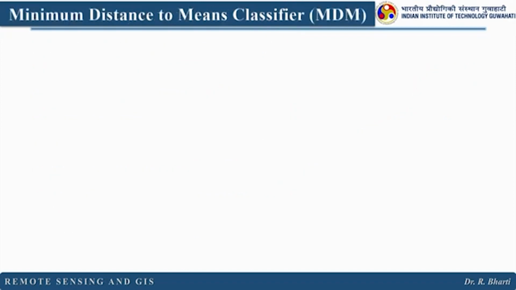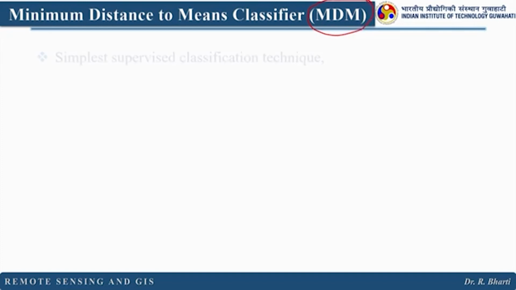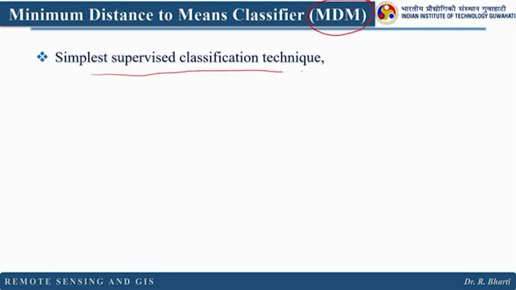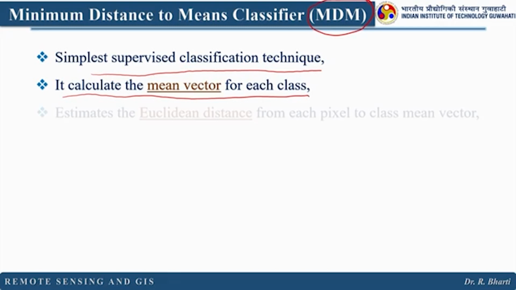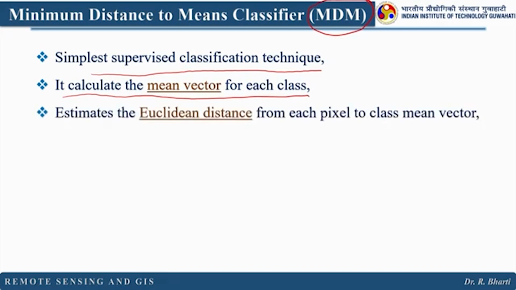So let us see the first method, which is the minimum distance to mean classifier, also known as MDM, right? It is the simplest supervised classification technique, which calculates the mean vector for each class, right? Each class means we are talking about the training data. It estimates the Euclidean distance from each pixel to the class mean vector.